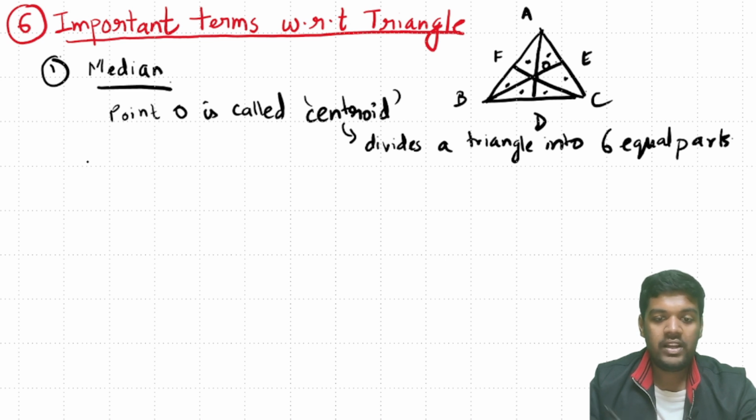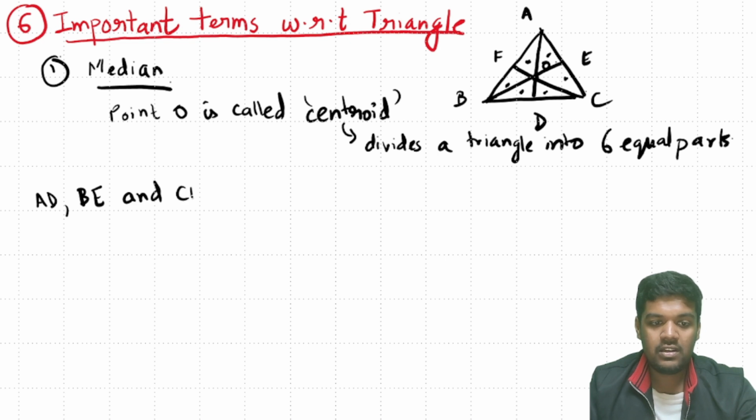Right. और एक बात है, medians के साथ एक property भी है. So in this triangle ABC, my medians are AD, BE and CF.